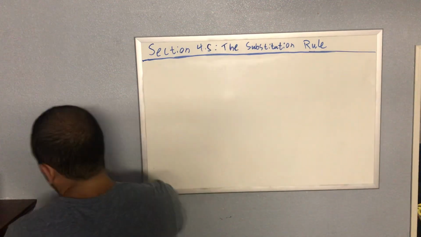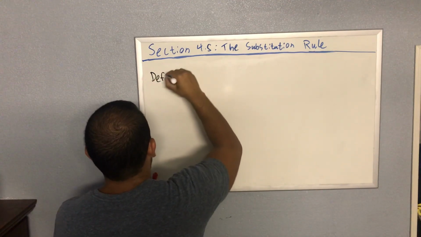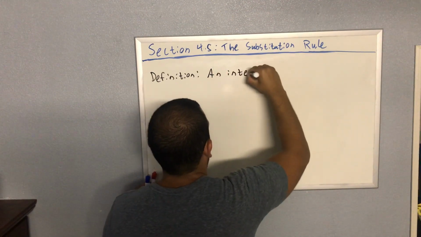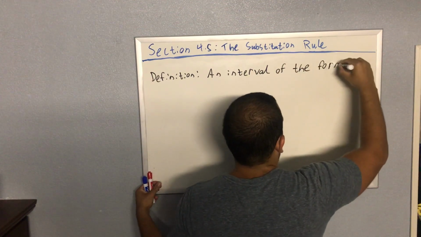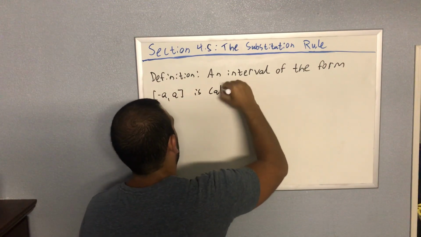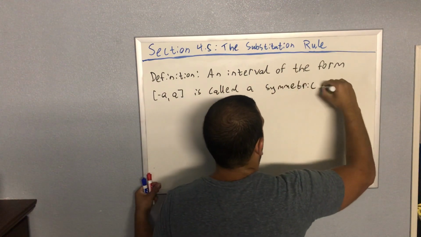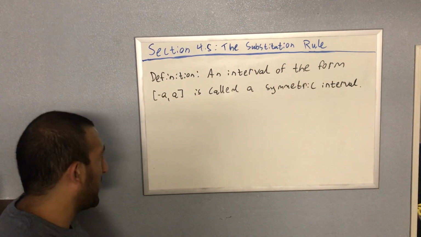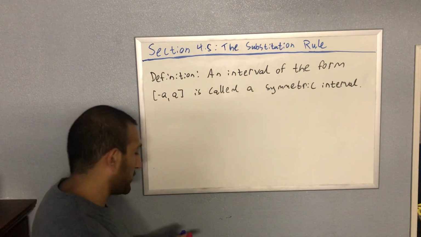When we look at an interval in the form negative a to a, so intervals like negative pi to pi, negative 2 to 2, negative 7 to 7, these are called symmetric intervals.